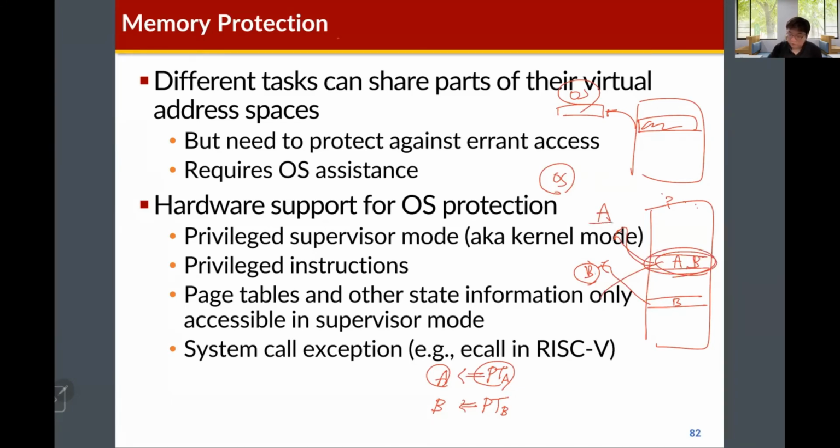It's simple: the virtual address of A and the virtual address of B can be translated to the same physical address. Then the physical memory space can be shared by different applications.